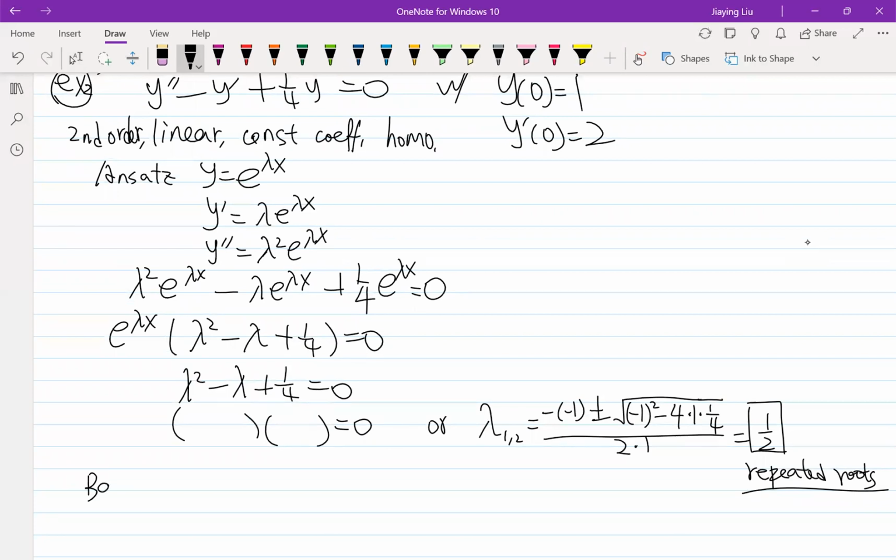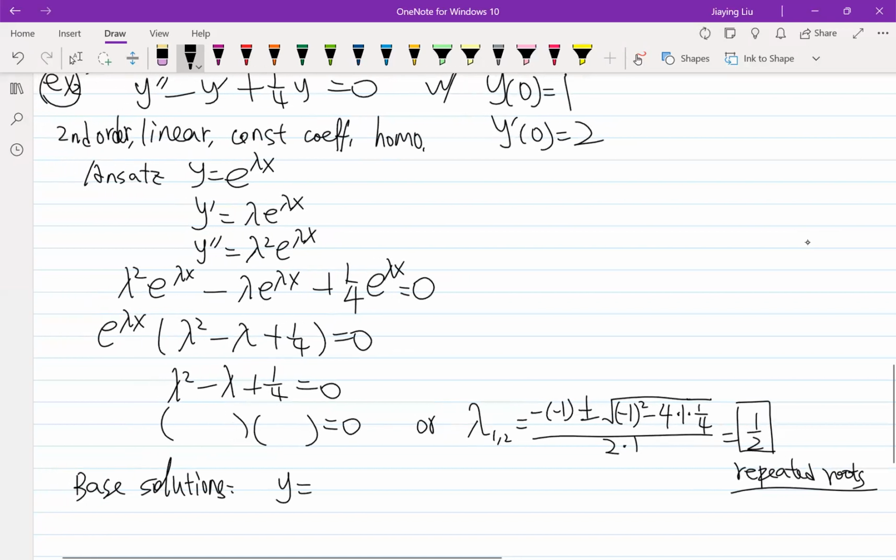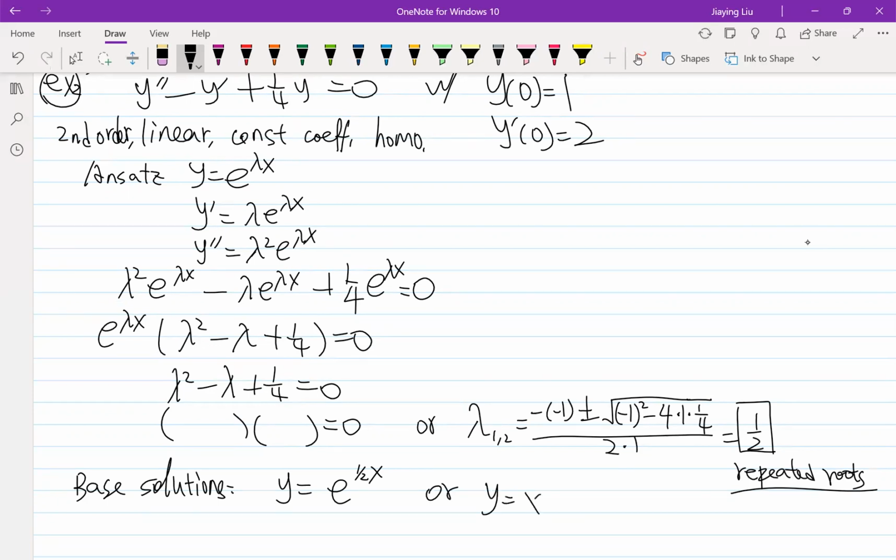So the base solution is going to be the first one, y equals, what do we have? We have lambda equals 1/2. So e to the 1/2 x. The second one will be similar to this, except that we have a coefficient x. So y equals x e to the 1/2 x.